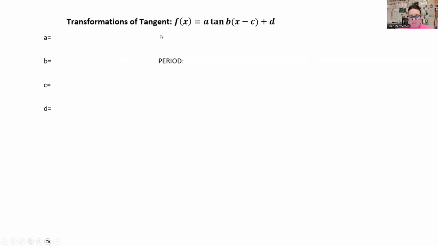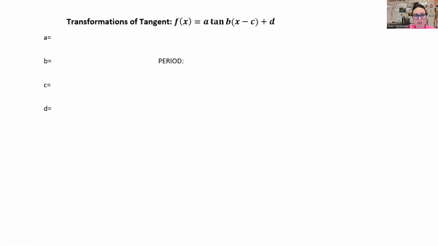And A, and this is very similar to other graphs. So if it feels tingly in your brain as we go through these, that's because they apply to other functions too. These types of transformations are similar when you graph a quadratic or a cubic or other things. So in front of the tangent function, this A represents our amplitude.